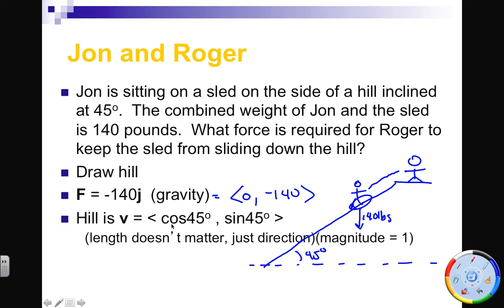Then we're going to say that the hillside is my V, so finding the projection of V onto F. The hillside sits at a 45-degree angle. And what's nice is the length of the hill doesn't matter, so we're just going to say the magnitude of the hill is 1, which is cosine 45, sine 45. The magnitude of this vector is 1.